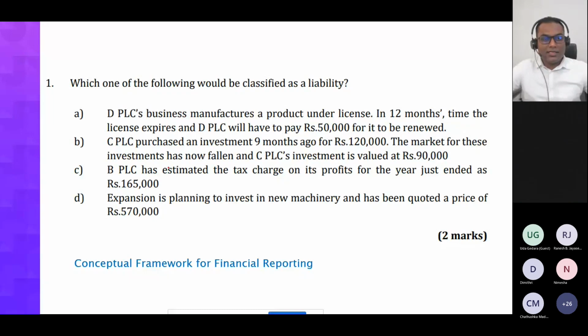Answer B, CPLC purchased an investment 9 months ago for 120,000 rupees. The market for this investment has now fallen and CPLC's investment is valued at 90,000 rupees. This is a financial asset. At the time of making the investment it was 120,000, and now the value has come down to 90,000. If it is measured at fair value, you have to recognize the fair value loss.